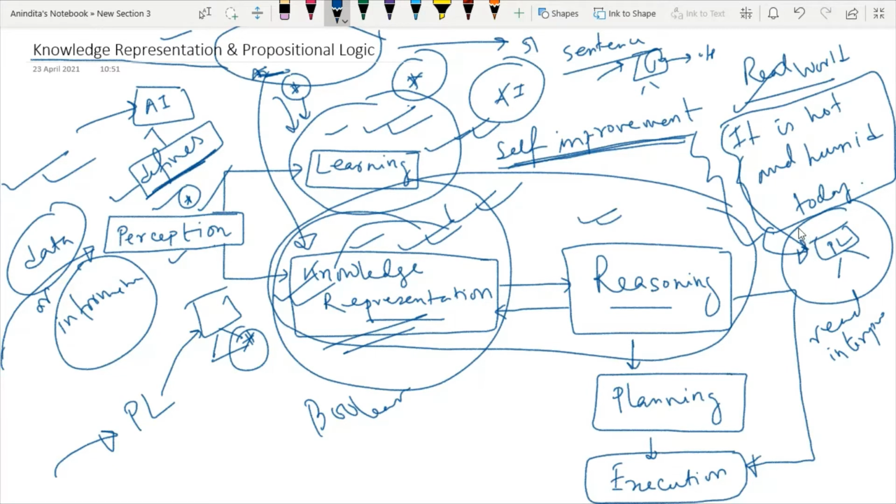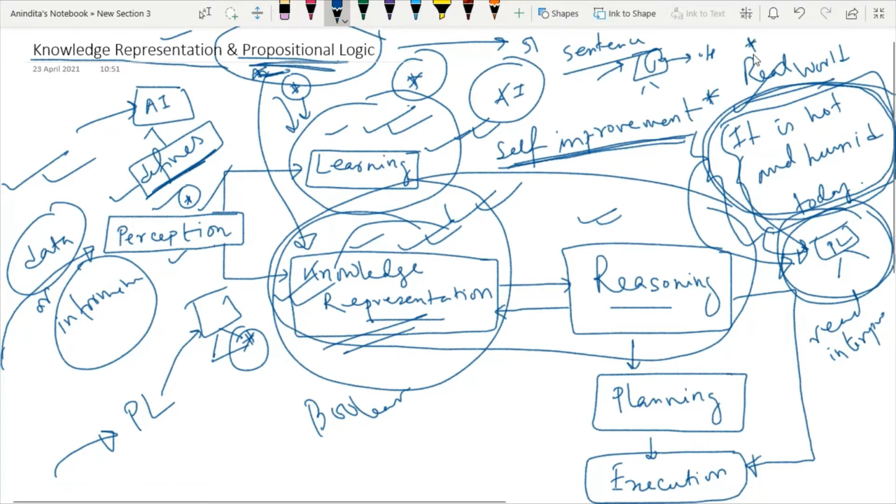So basically, in one word, propositional logic is a kind of representation which helps the real world information to be provided to a certain machine so that this information can be readable or interpretable by this AI machine. So this is the main reason why we are using propositional logic.